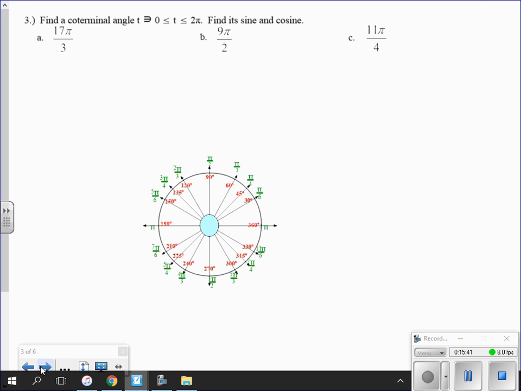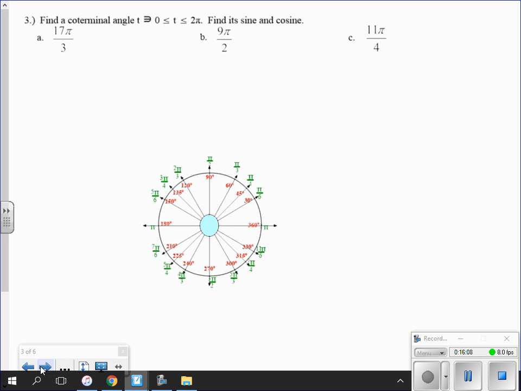Now, there are a couple of ways to do this. The way that I had you do it for your notes was to subtract 2 pi repeatedly until you got a number between 0 and 2 pi. Now, because this is over 3, I don't want to subtract 2 pi. I want to subtract 6 pi over 3. Why do I want to do 6 pi over 3?